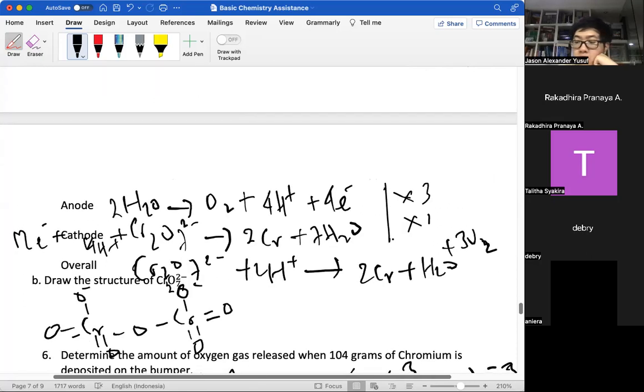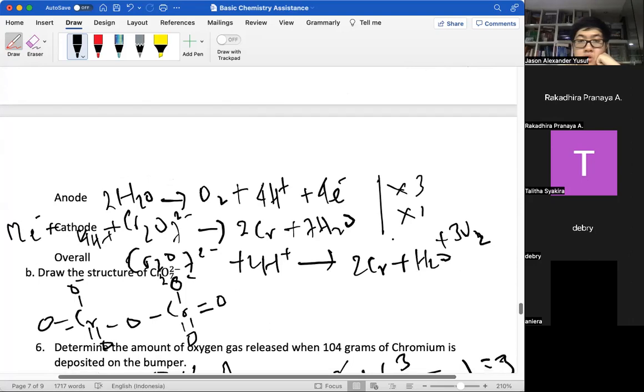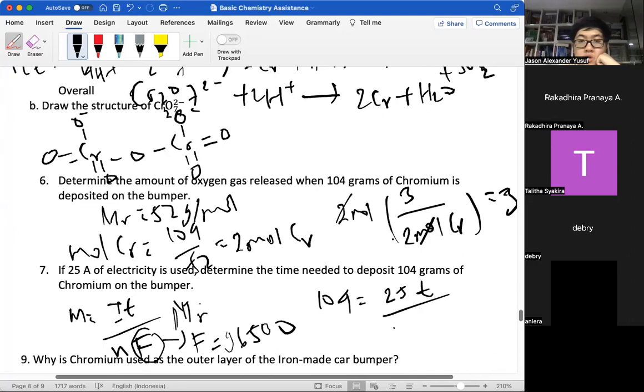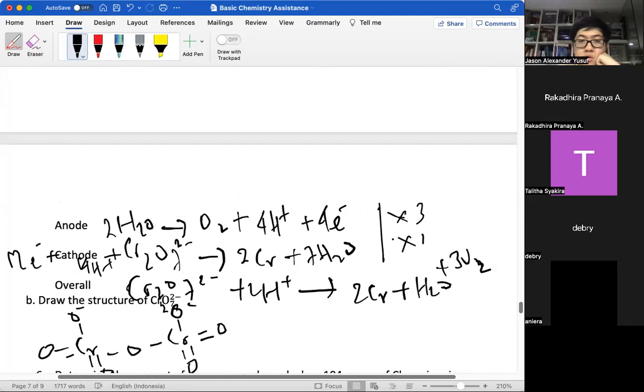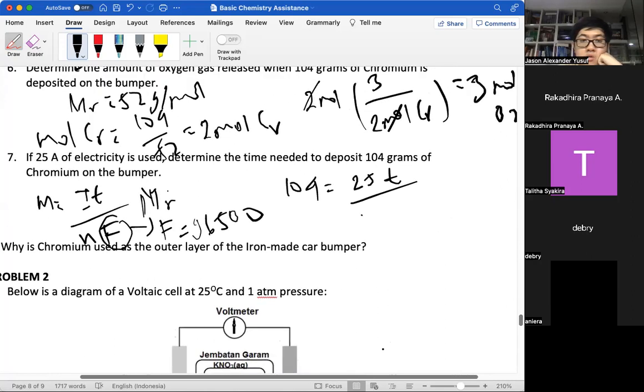In here, the electrons used are, I think, 12, right? 12 electrons. So it's 96,500 times 52. Okay, now we just need to get the value of t.